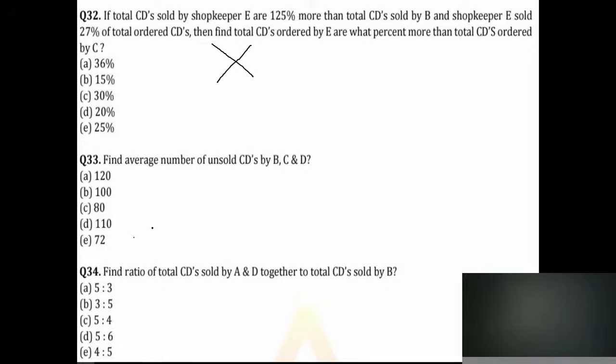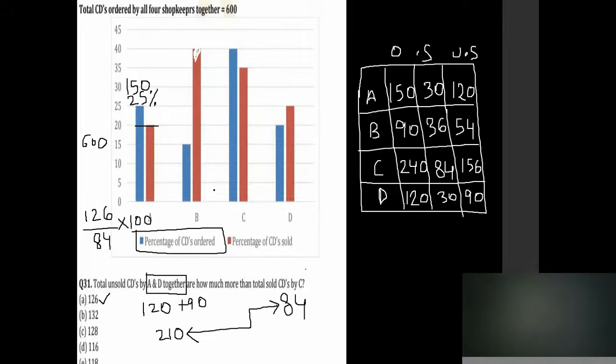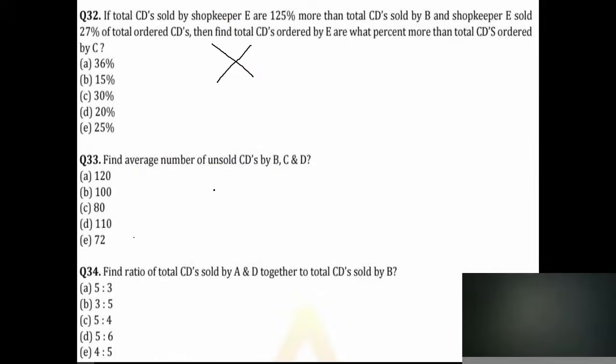Just add all the numbers. Yes, if we add all those numbers, it gives 300. 300 by 3 is equal to 100. So 100 is the correct answer.